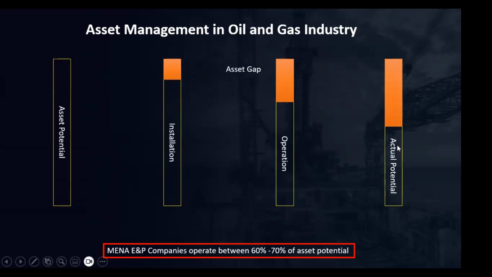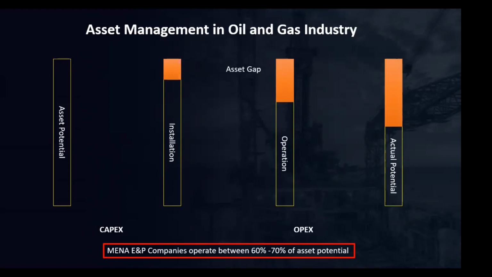If you see the last figure here, this is the actual potential for that asset. It might be losing within the operation because we select the wrong set point for this asset. That will affect the installation for asset potential, which affects the CAPEX, and operating below the actual potential also affects the OPEX.